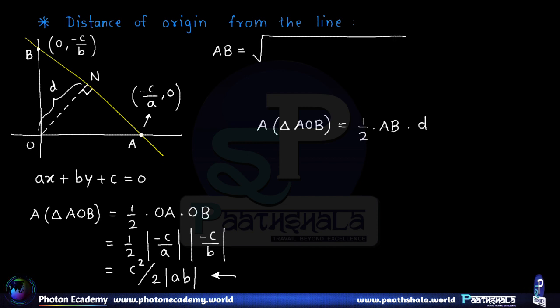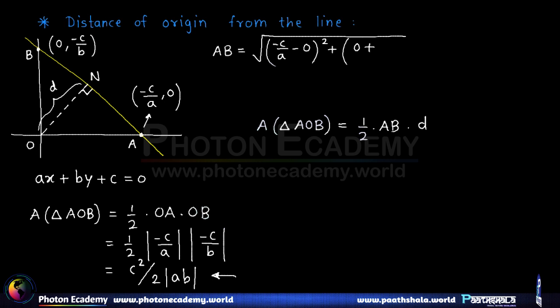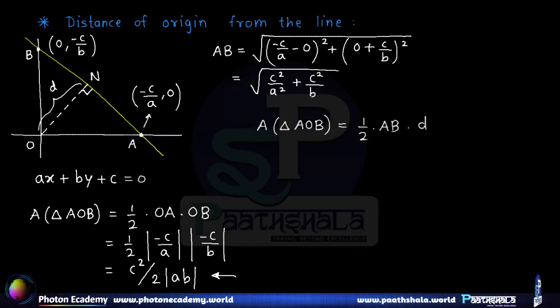So that gives us minus C by A minus 0 the whole square plus 0 minus of minus C by B, which gives us 0 plus C by B, the whole square, right? So therefore that turns out to be C square upon A square plus C square upon B square. Taking C square common, we have 1 upon A square plus 1 upon B square, okay?